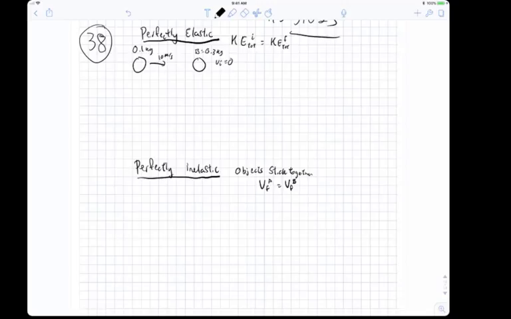So if it's a perfectly elastic collision, they're going to bounce off each other. V final. And I'll call this one U final. And the deal is that the total momentum and total kinetic energy before and after the collision are going to be the same. So momentum.